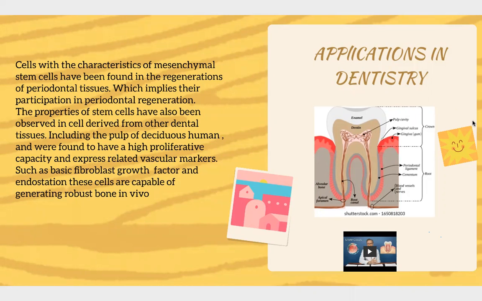The properties of stem cells have also been observed in cells derived from other dental tissues, including the pulp of the human third molar, and were found to have a high proliferative capacity and express relative vascular markers, such as basic fibroblast growth factor and endothelium. These cells are capable of generating robust bone in vivo.